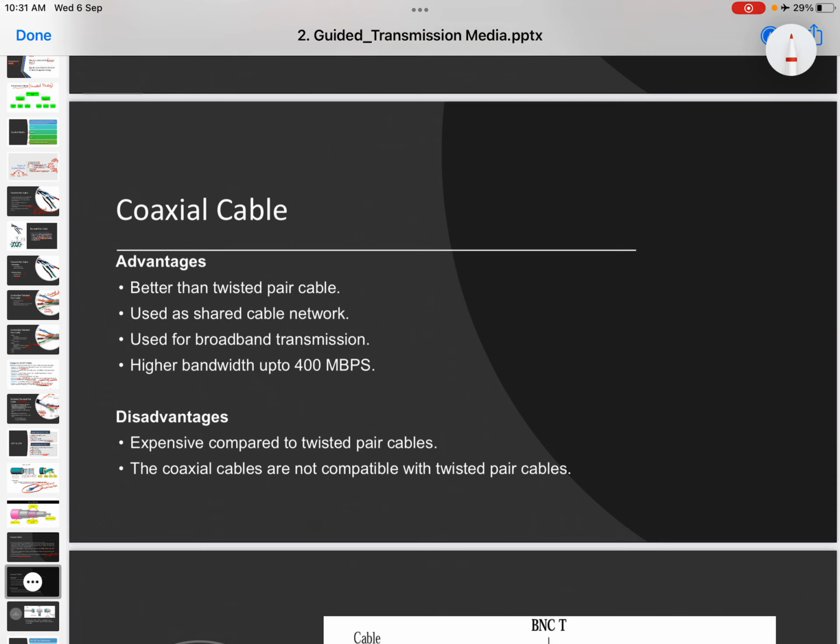Coaxial cable advantages, better than twisted pair cables: used as a shared cable network, used for broadband transmission and higher bandwidth up to 400 Mbps. That much speed is provided by these cables.